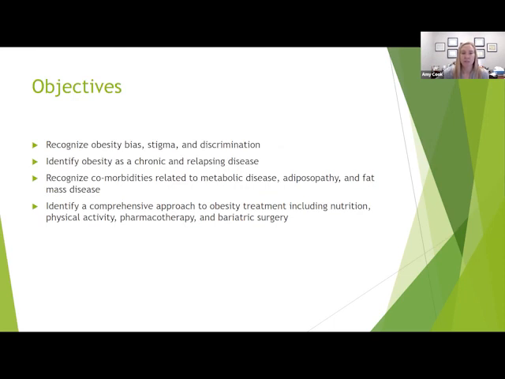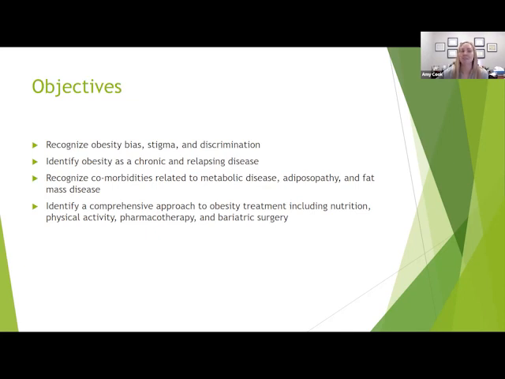It is a good clinical resource for clinicians that I'll have some more information about at the end of the talk today. Now, we could go on for hours about this topic, but we'll try to cram in the most pertinent information in the next 45 minutes.